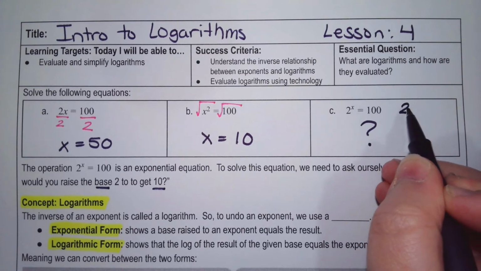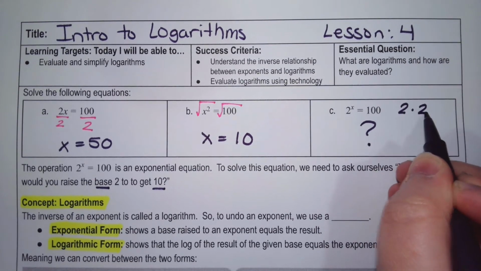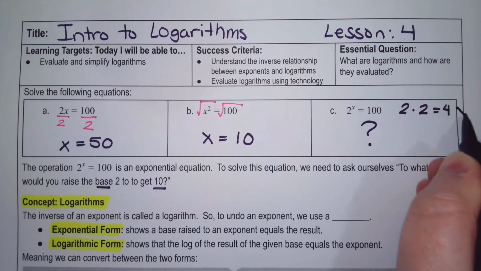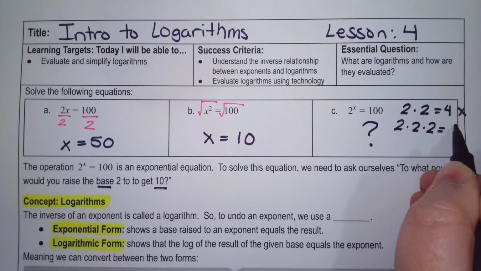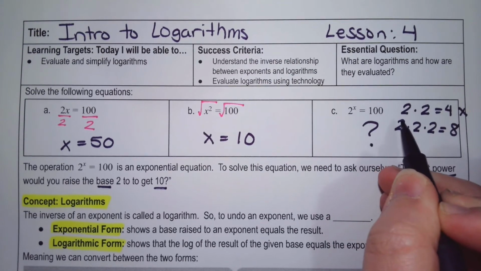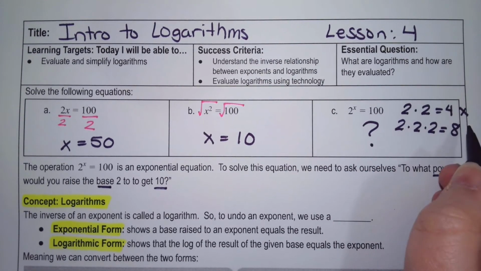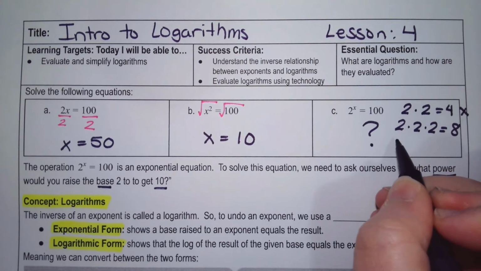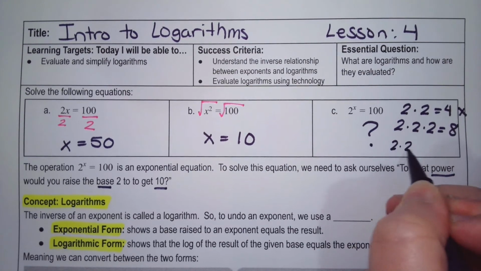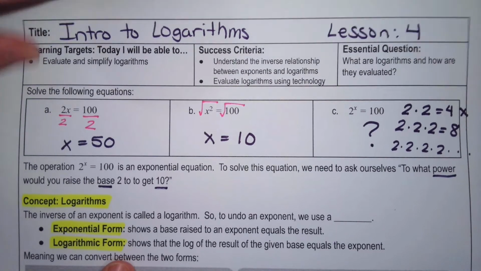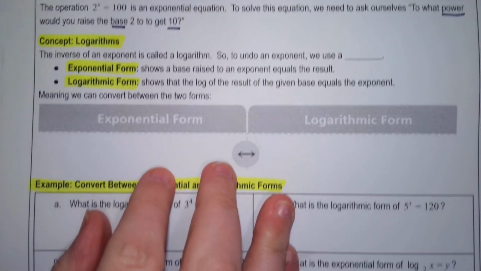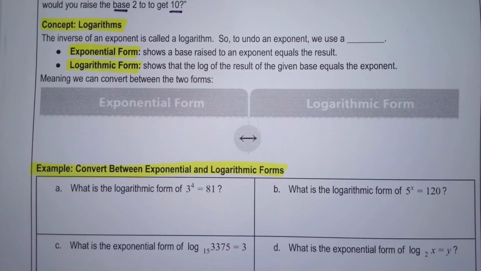If it was 2 squared, that would be 4, so that's not it. 2 times 2 times 2 would be 8. That's not 100. And so we would just keep going, guessing and checking, or we can use what they call logarithms to help us undo an exponent.